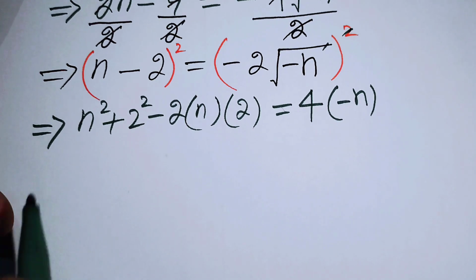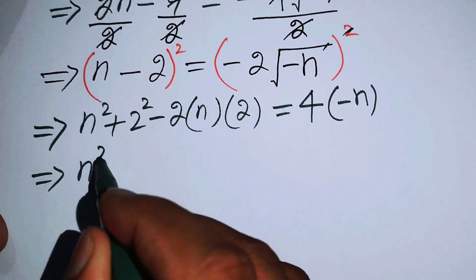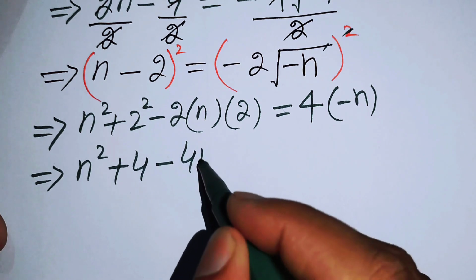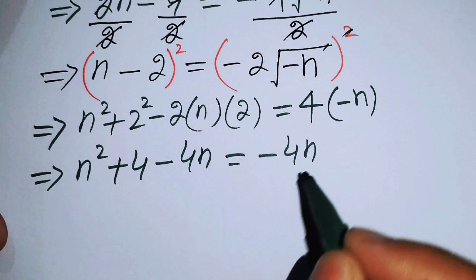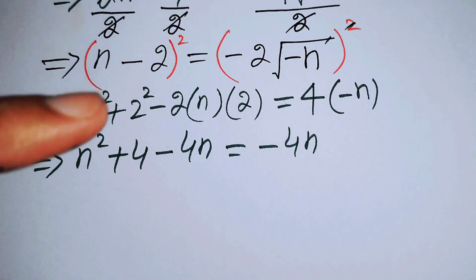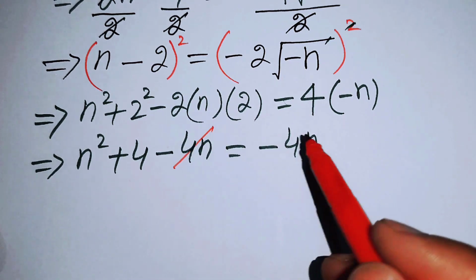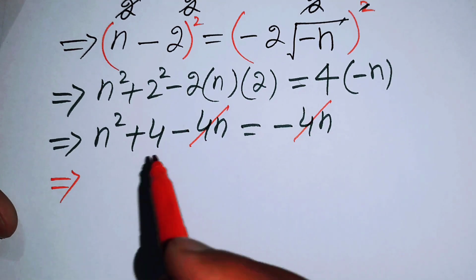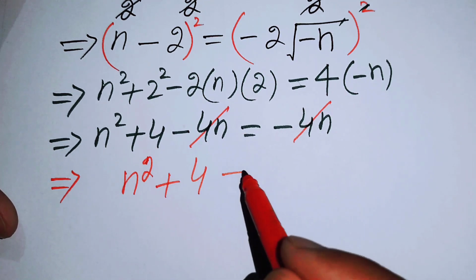Now we make some simplifications and you get n² + 4 − 4n = −4n. Since this is −4n and −4n with the same signs, these two cancel each other out, and this equation implies that n² + 4 = 0.